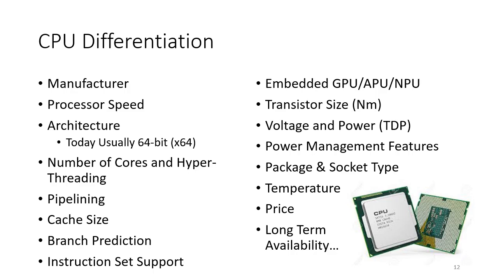Related to voltage and the speed is what we call power. Power is generally measured as TDP. TDP is like the overall power that the package can handle. And you might see that in certain industrial PC designs. Generally, the higher the TDP, the faster and the more powerful the CPU can be. But that's not necessarily what you want.